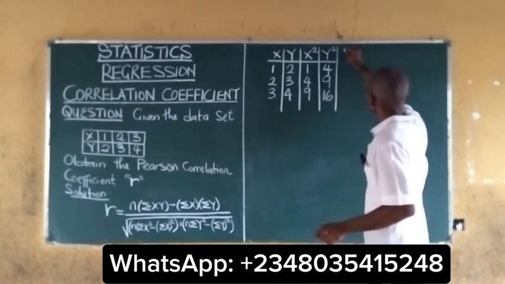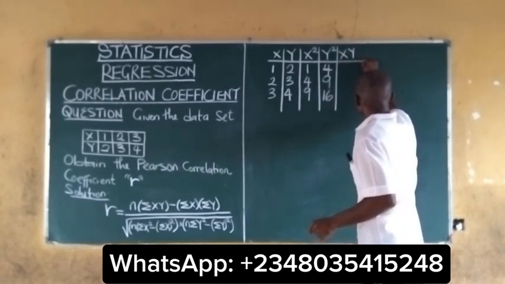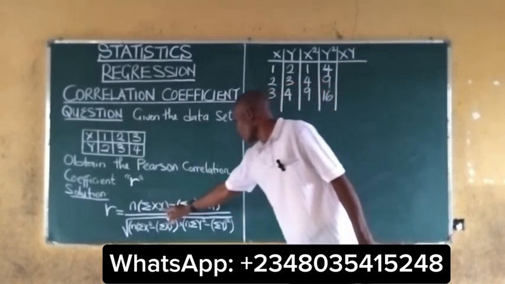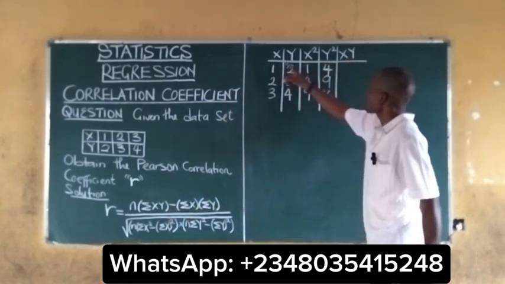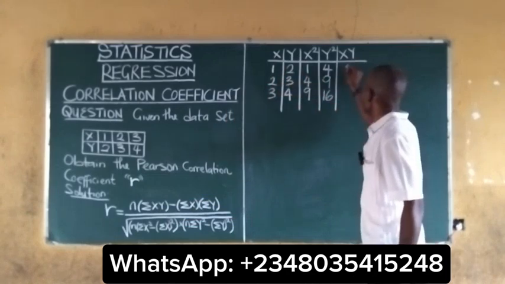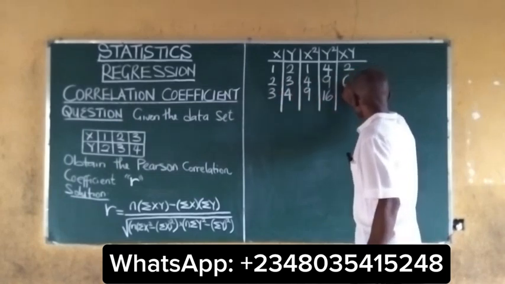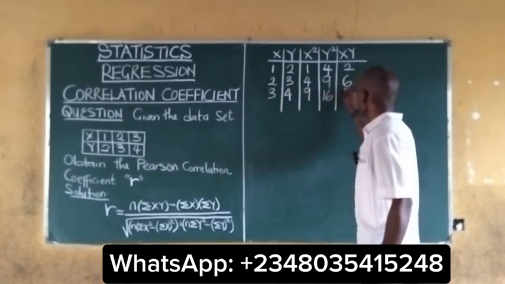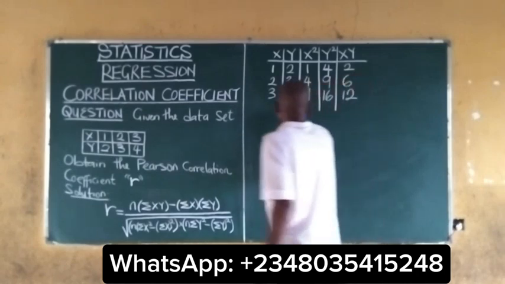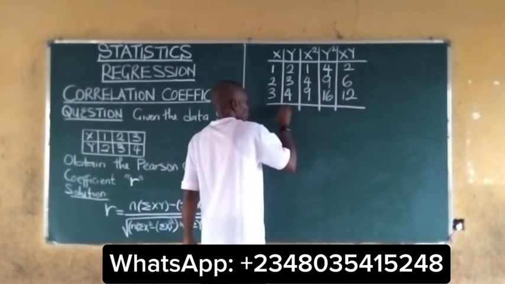We also find xy, because from the Pearson correlation coefficient formula, we have summation of xy here. So we find xy, that is this multiplied by this. So we have 1 multiplied by 2, which is 2, 2 multiplied by 3, which is 6, and 3 multiplied by 4, which is 12. We rule our line to find the sum.